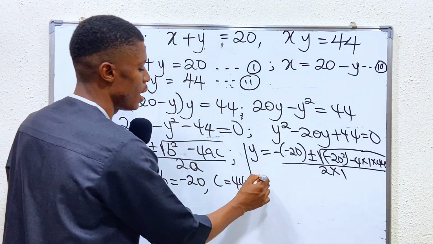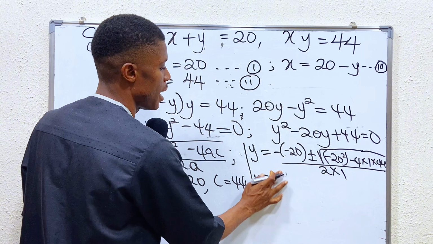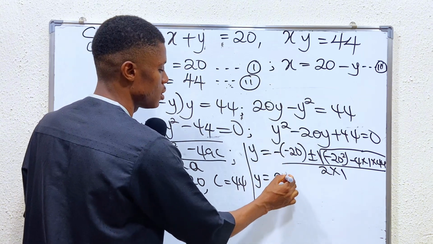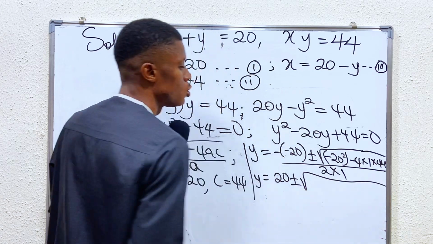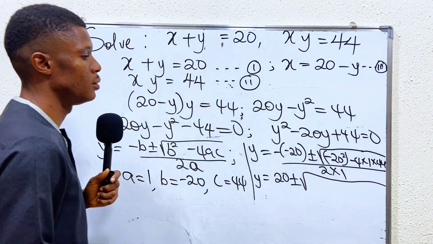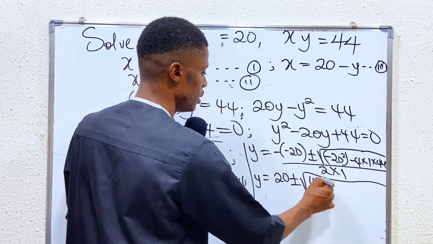So you see that y is equal to minus of minus 20, which is 20, plus or minus the square root of 20 squared, which is 400.